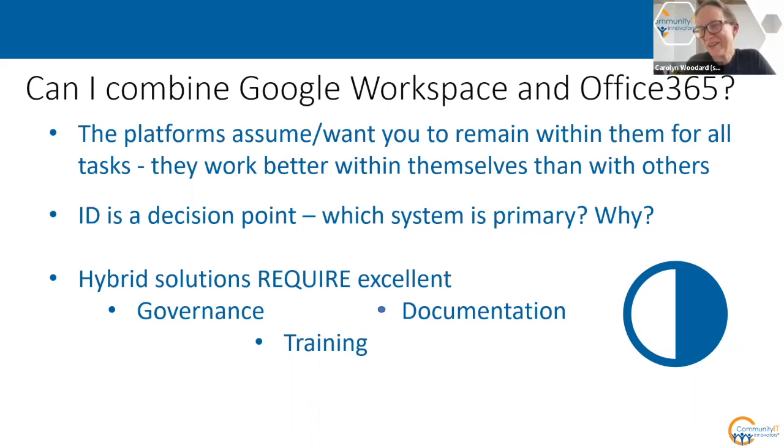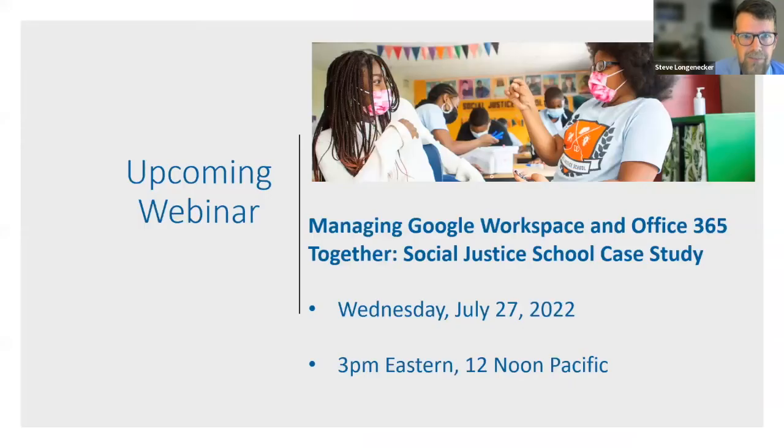I've got to jump in because we are doing a whole webinar on it next month. Can you go ahead to that? Oh, yes, I will skip ahead. Look for that. We're so excited. We will have Dominic Diggs from the Social Justice School, which is a really cool charter school in DC.